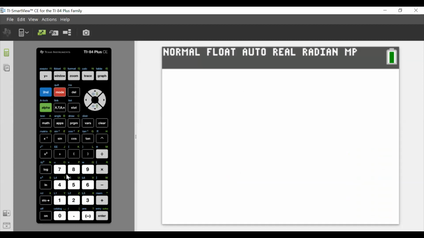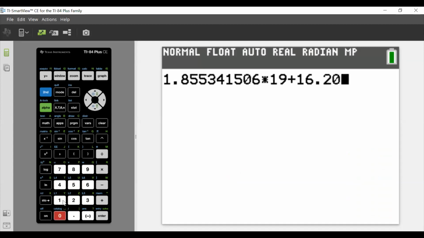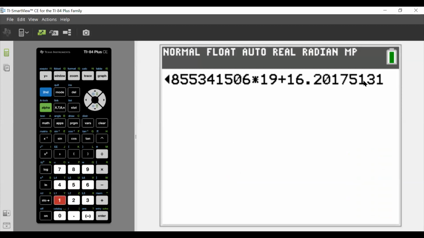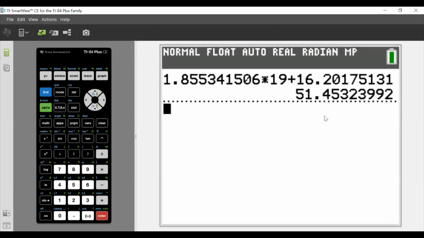So we'll have 1.855341506 times 19, and then plus 16.20175131. And again, I'm using all the decimal places that our calculator gave us just to be the most exact as possible. And at this point now, I can round.